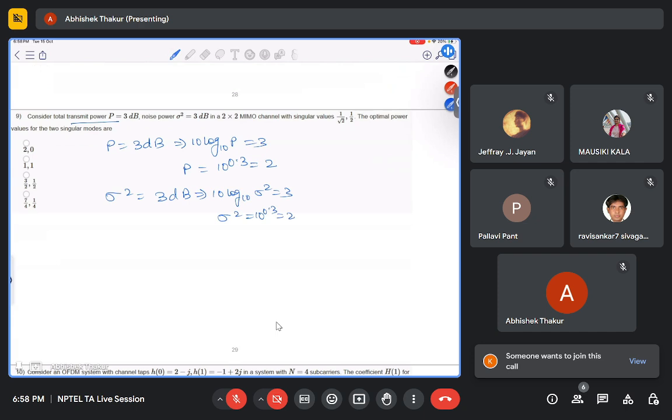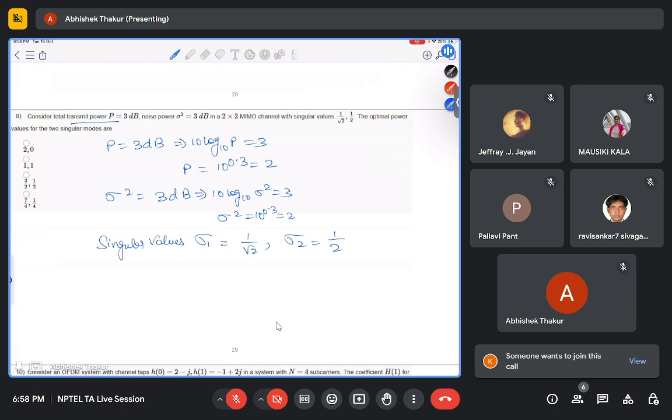Now the singular values are given. Sigma 1 is equal to 1 by root 2 and sigma 2 is equal to 1 by 2.